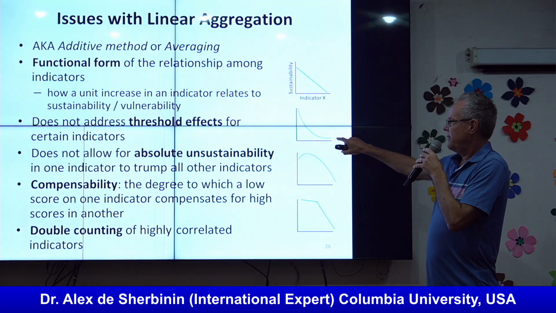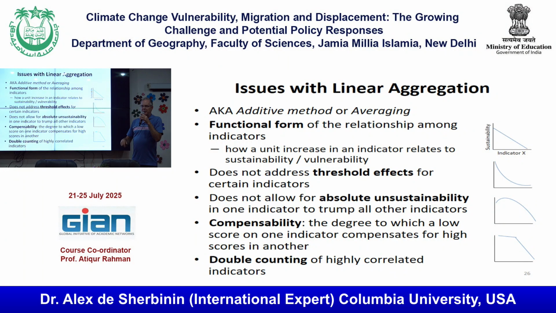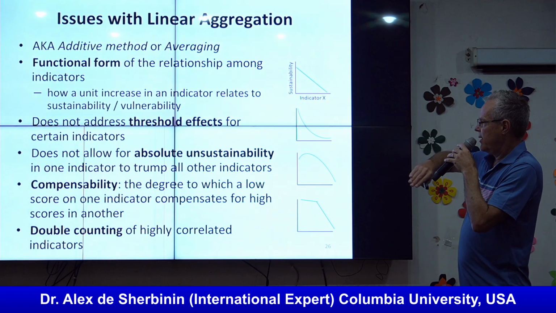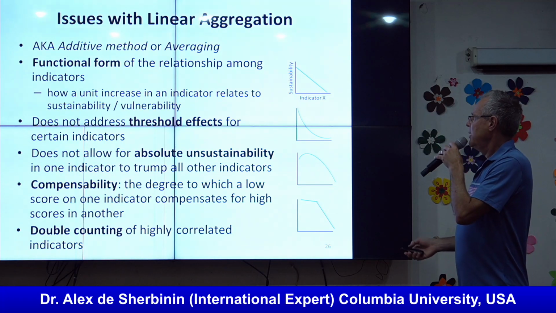So it doesn't address the fact that there might be threshold effects: beyond a certain point of CO2 emissions you might start getting catastrophic impacts, or if your SO2 or carbon monoxide emissions are at a certain level, you might, beyond a certain threshold, irreversibly impact people's health. So you need to think that, for some indicators, there may be thresholds beyond which the harm is a lot greater than an incremental linear increase would suggest.